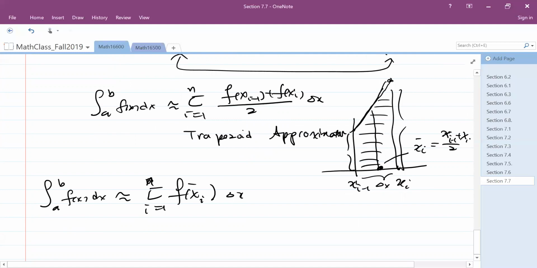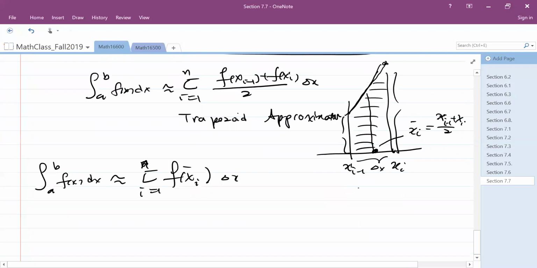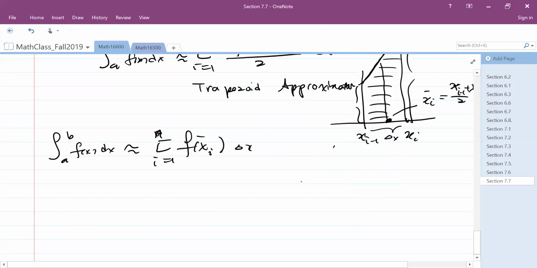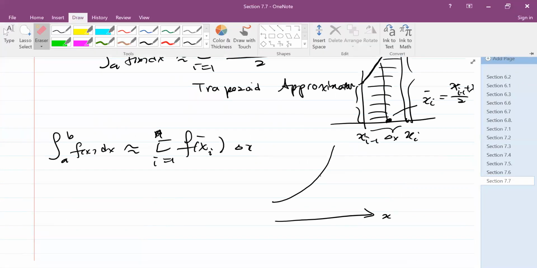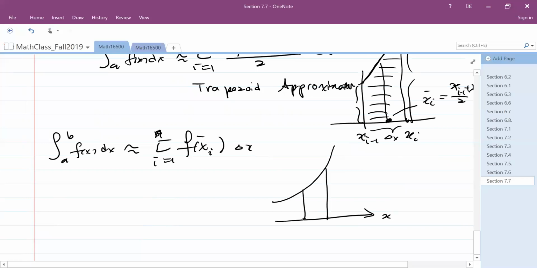What the picture shows is that if the graph is a straight line, there's no difference. This is the x-axis, y-axis. Okay, let me draw the picture. Here x minus 1, here xi, here's the middle point xi bar.